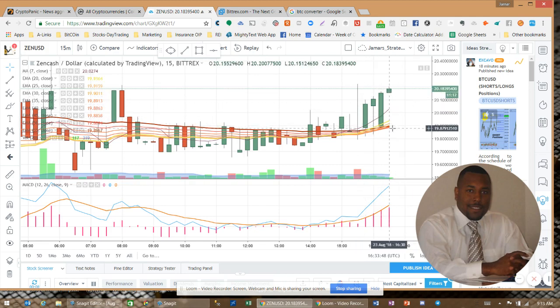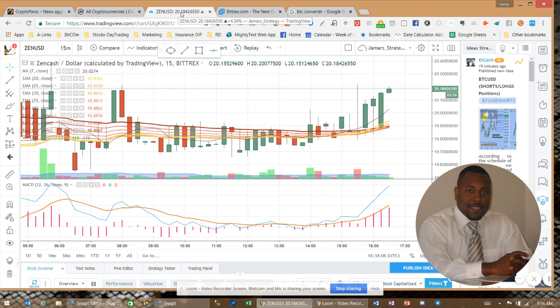So here will be my stop at 1980, down here at the bottom of my alligator. And 20 dollars is support right here because I'm looking at the top of the 7 day MA. This is all for day trading.